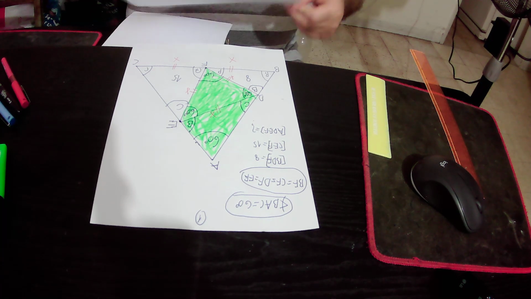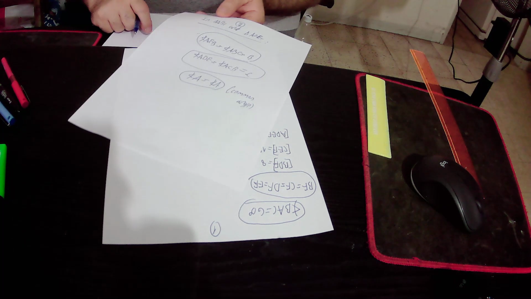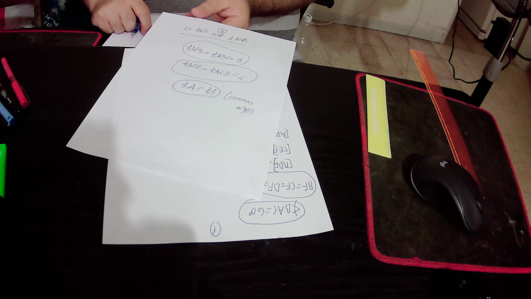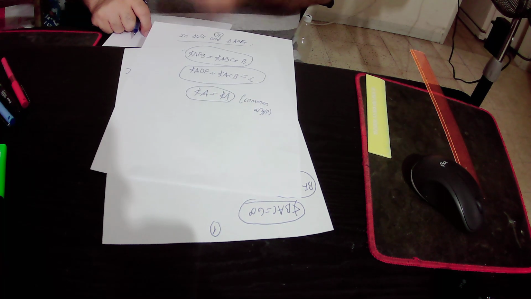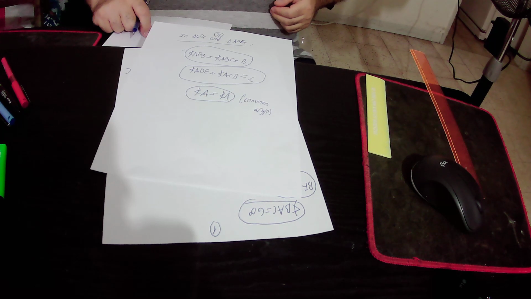Okay, so we found that three angles in triangle ABC are congruent to three angles in triangle ADE.